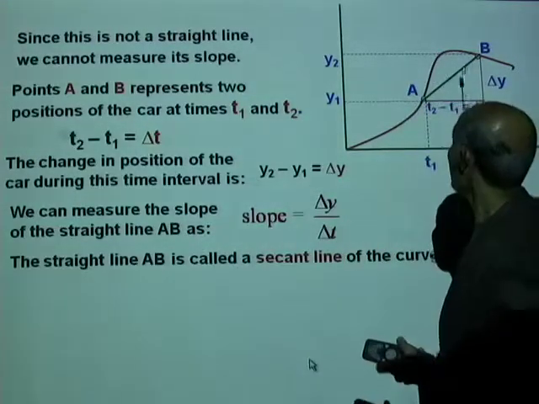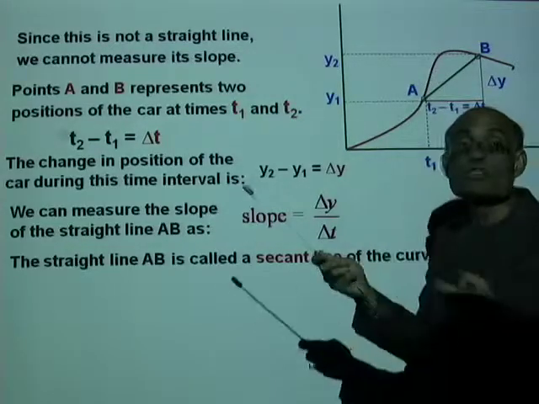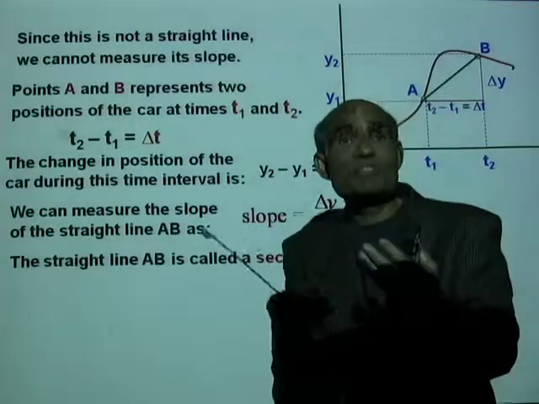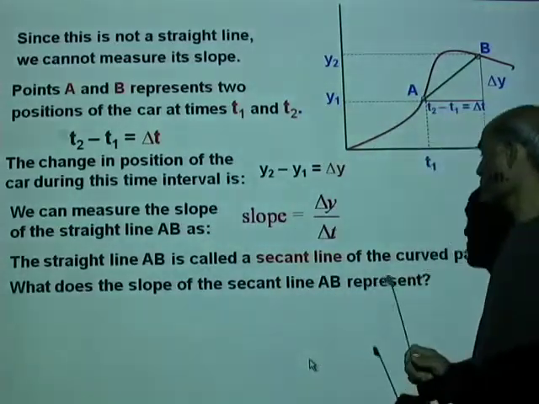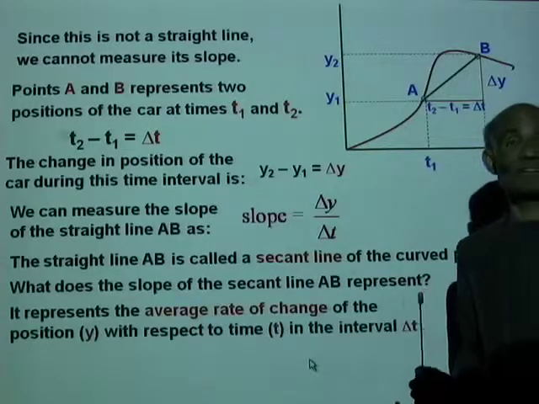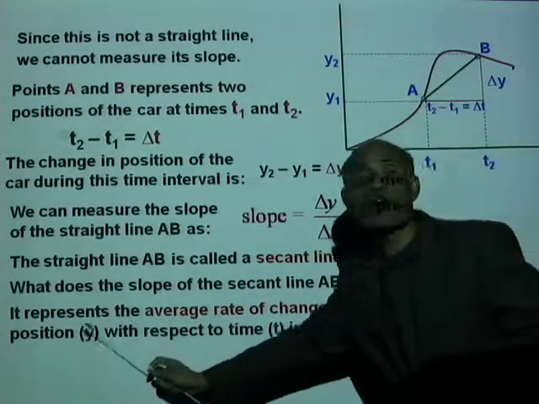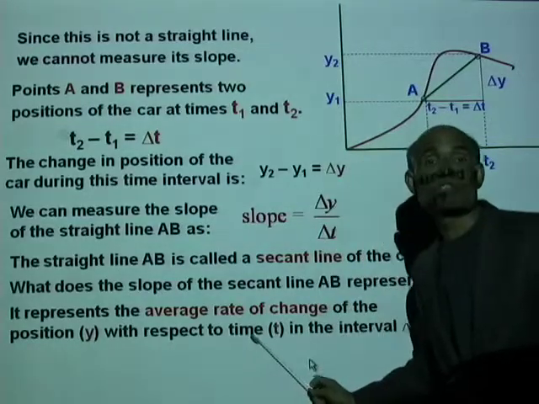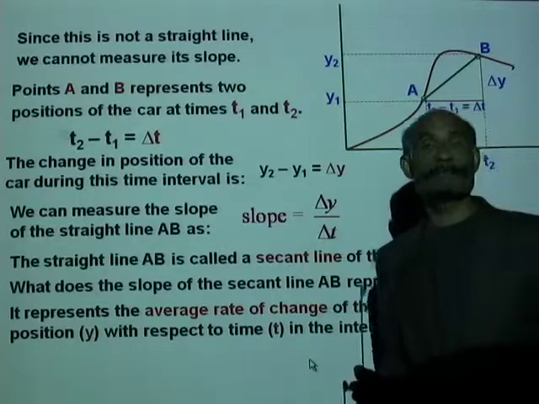You see, the change in position doesn't remain constant, but you can find an average change in position. So, what does the slope of the secant line AB represent? It represents an average change of the position y with respect to t in that time interval delta t.